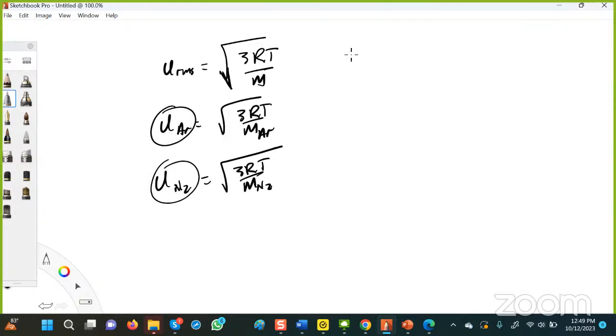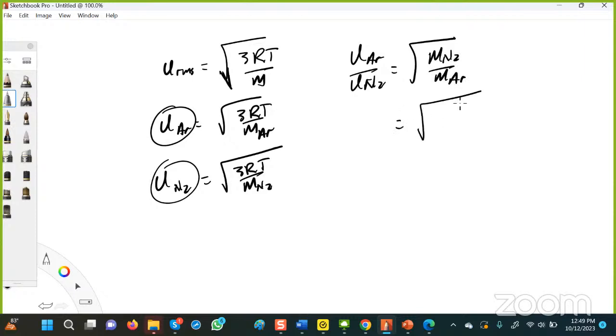Well, what we could do is something kind of similar to Graham's law, where we compare the root mean squared speed of argon to that of the root mean squared speed of nitrogen. And that would be equal to the square root of the molar mass of nitrogen divided by the molar mass of argon, all right? So the molar mass of nitrogen would be 28.02 grams per mole.